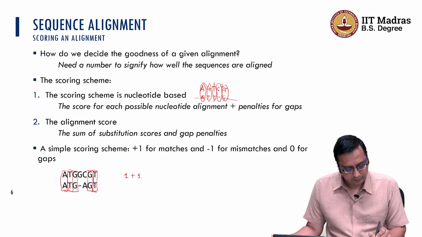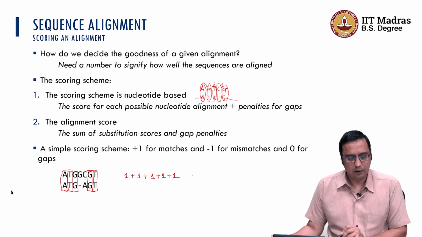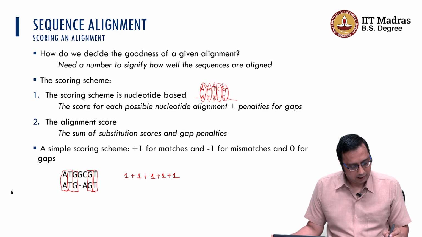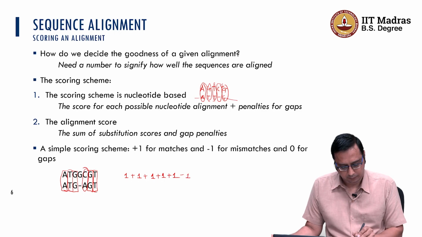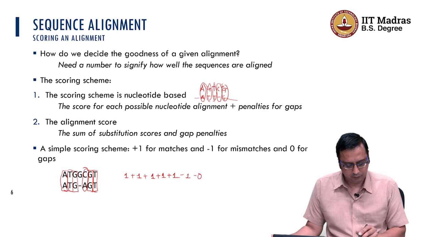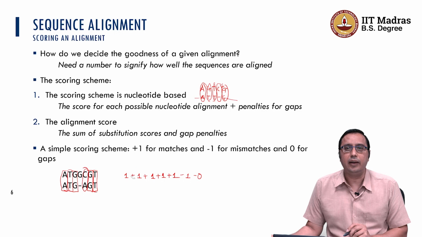So I have 1 plus 1 plus 1, 1 plus 1, 5 matches. I have a mismatch, which is C A. So I have minus 1, and a gap, which is equal to 0. So it has -0.